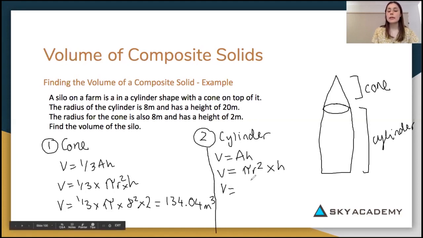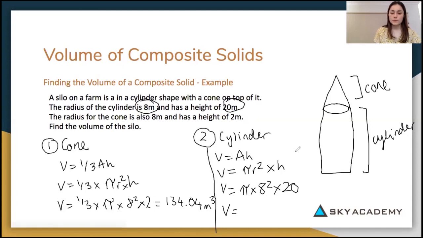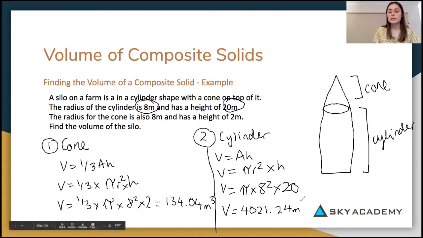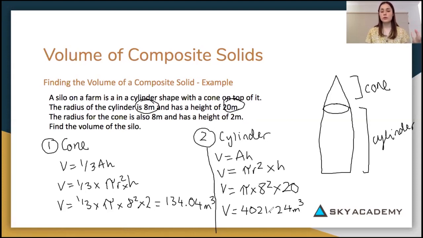Now we can sub in information for our radius and our height to get an answer. So pi times the radius squared. The radius of the cylinder is 8, times by the height, which is 20. When you put that into your calculator, you should get a volume of 4,021.24 meters cubed.